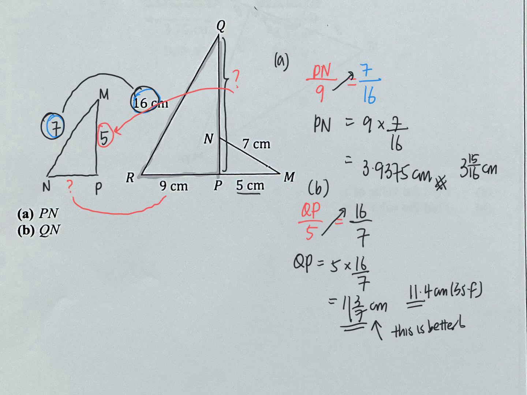So always try to redraw the smaller triangle in the same order. They say PQR, then you draw the smaller one on its side, PMN. Then you go and fill in the info.